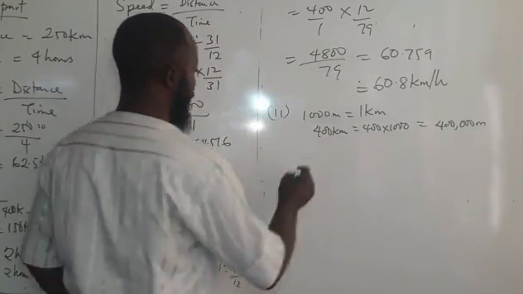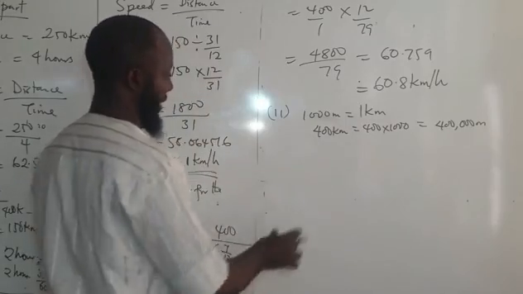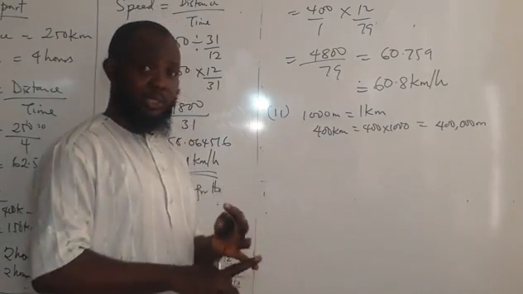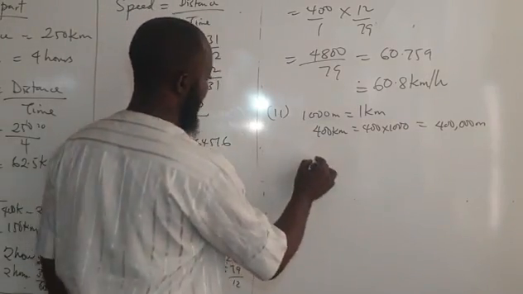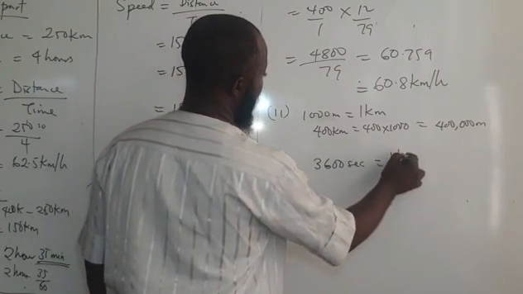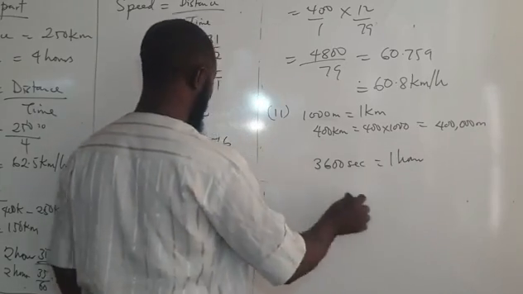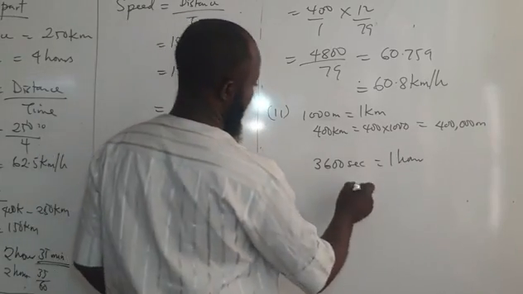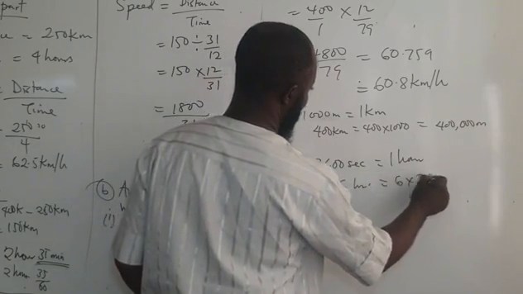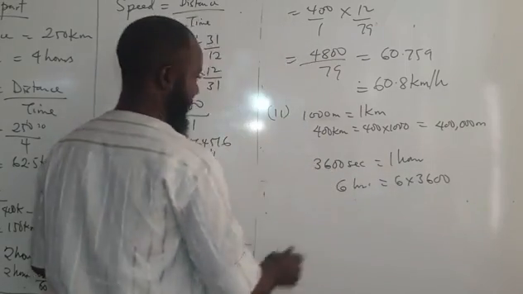So 6 hours. How many seconds make 1 hour? 60 seconds make 1 minute, then 60 minutes make 1 hour. So that means 3,600 seconds equals 1 hour. So 6 hours will then equal 6 times 3,600, right? So that gives what?